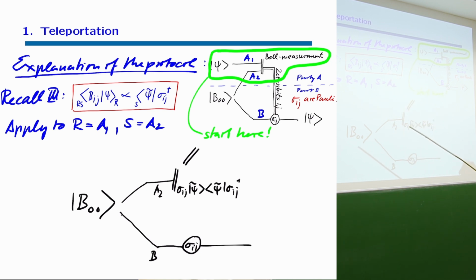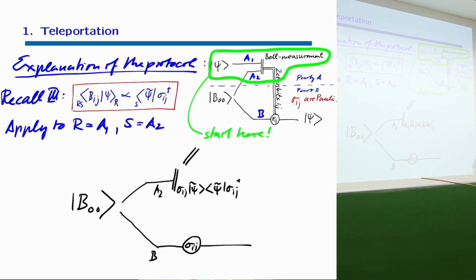Here we have a state with a projection on a Bell state applied to it, and this is the same as a projection on the state psi tilde on the second particle. When we know that and apply it here, we find that this circuit simplifies to that circuit.